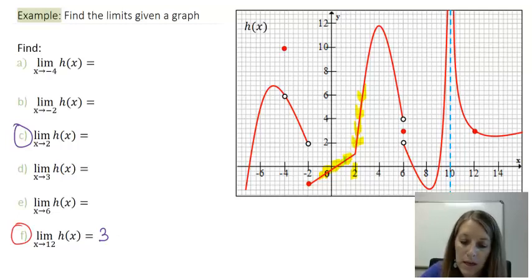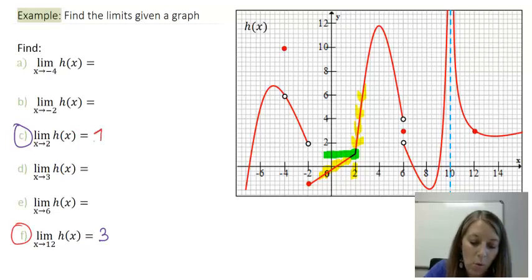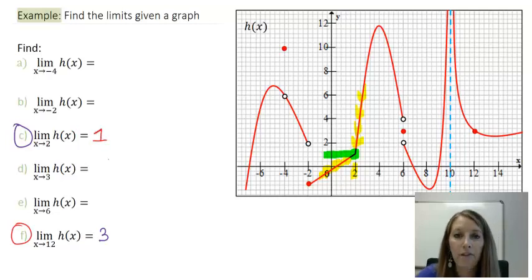Both of those end up at this specific point right here. If I trace that over to my y value, I see my y value is equal to 1. So my limit of h of x as x is approaching 2 is equivalent to 1, because my graph gets closer and closer to that value from both sides.